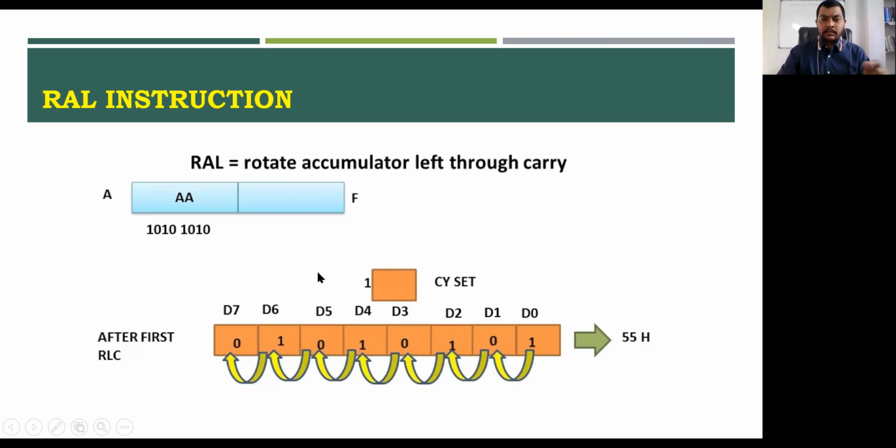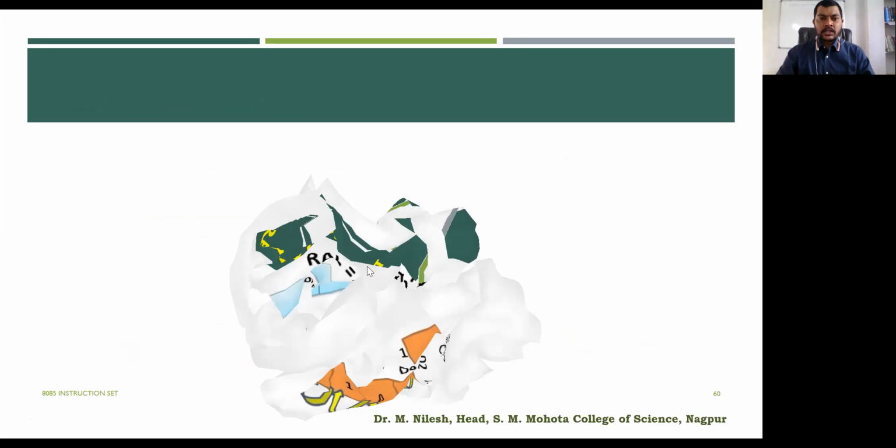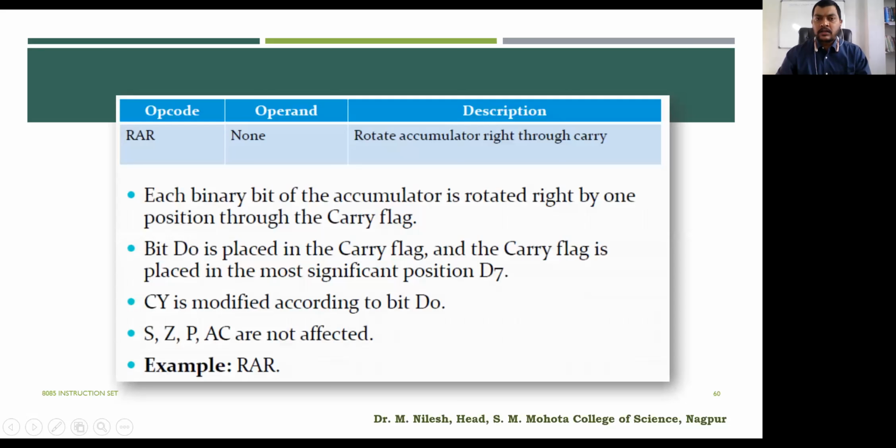Through carry means the carry is also rotated along with this. So this is the instruction. I hope you have understood it. The next instruction is RAR, which is similar. RAR means now we are moving the contents of the accumulator to the right.